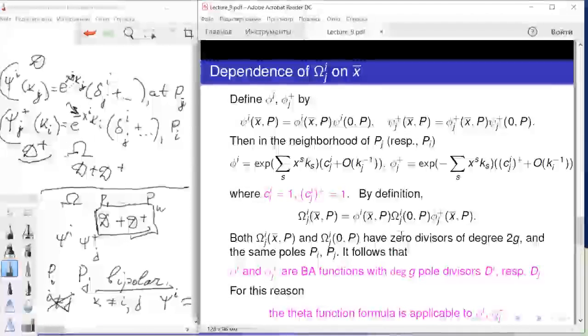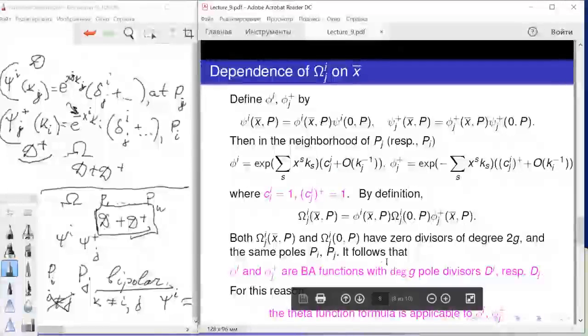It follows like this. Both omega ij from x bar and omega ij from 0 are bipolar differentials, and for this reason their divisor of zeros has degree 2g. A bipolar differential always has a degree 2g divisor of zeros. It's just a simple calculation.